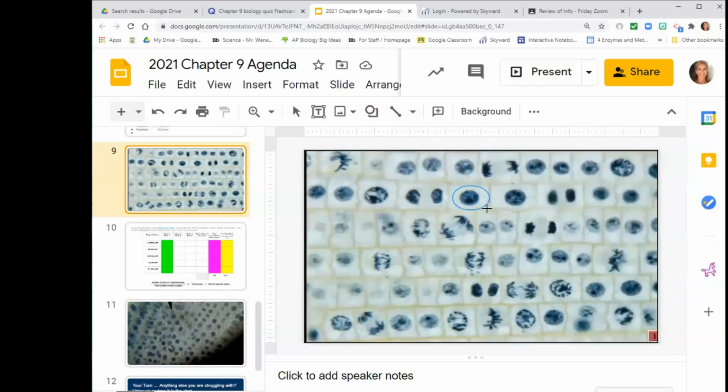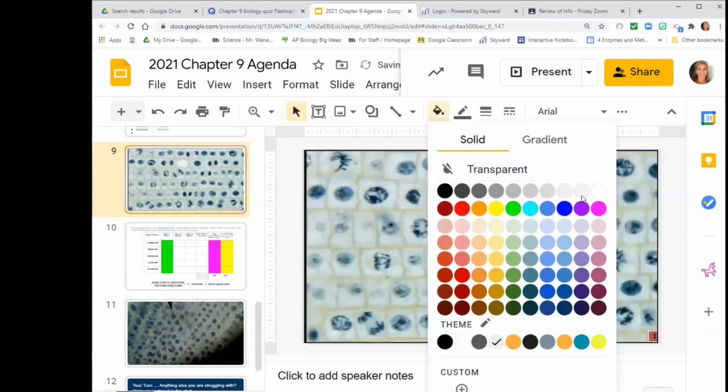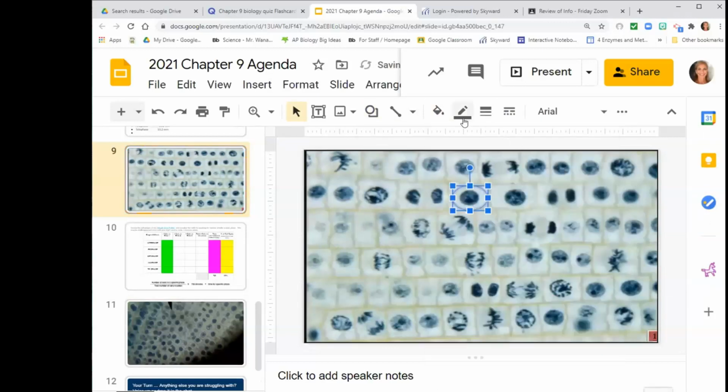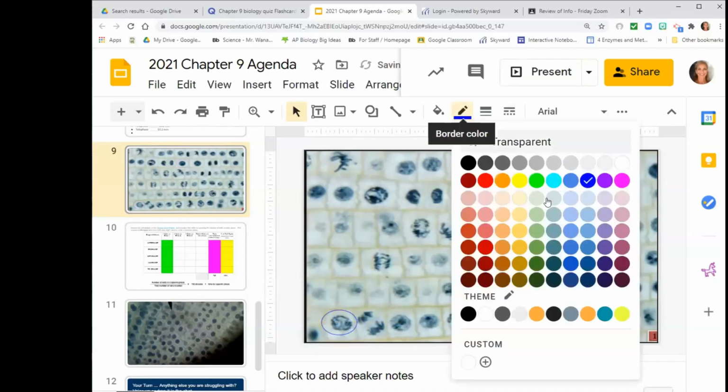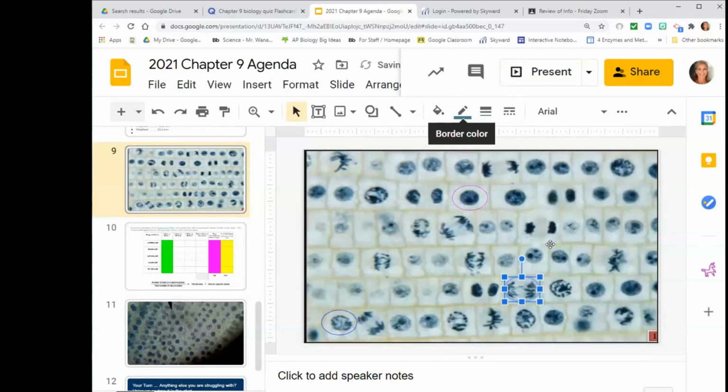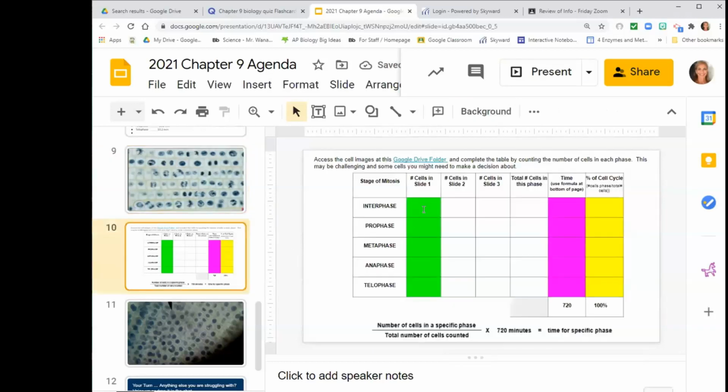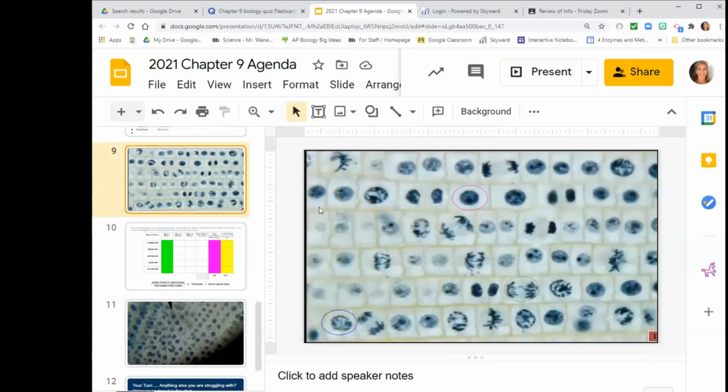This cell is in interphase. How many cells look like this cell? You can record that on this green row.